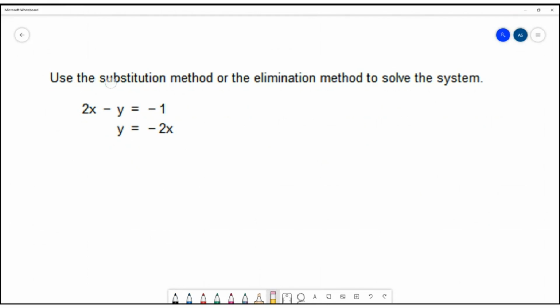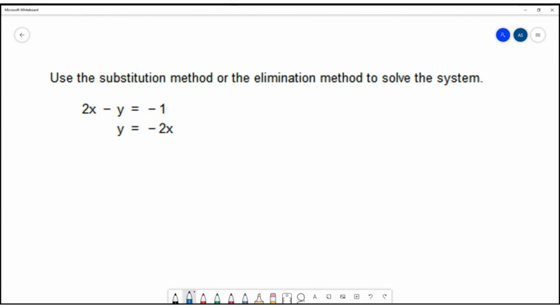For this example, we want to use the substitution method or the elimination method to solve the system. We have 2x minus y equals negative 1, and y equals negative 2x. In this example, I already have the second equation solved for y, which is the first step in the substitution method.